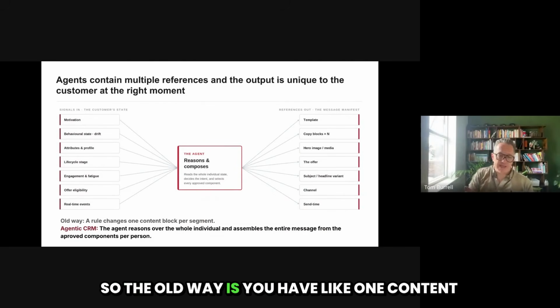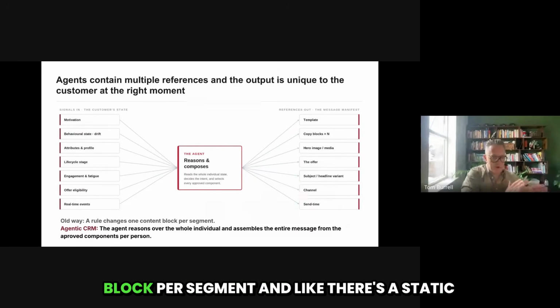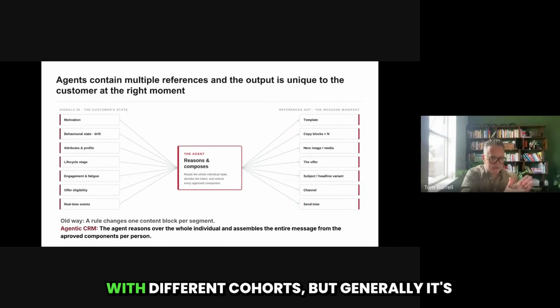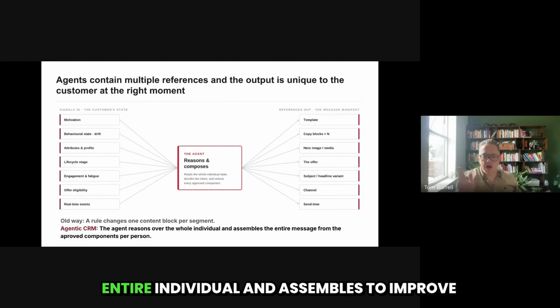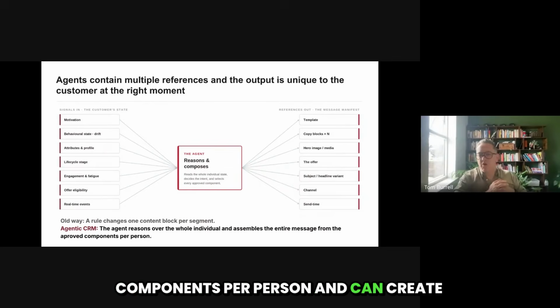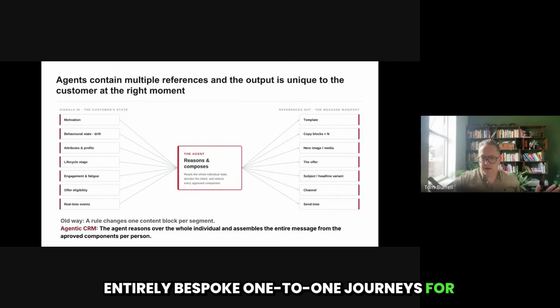The old way is one content block per segment, and a static send time, or maybe staggered send times with different cohorts, but generally it's pretty static. For agentic CRM, the agent reasons over the entire individual and assembles the improved components per person and can create entirely bespoke one-to-one journeys for every individual customer.